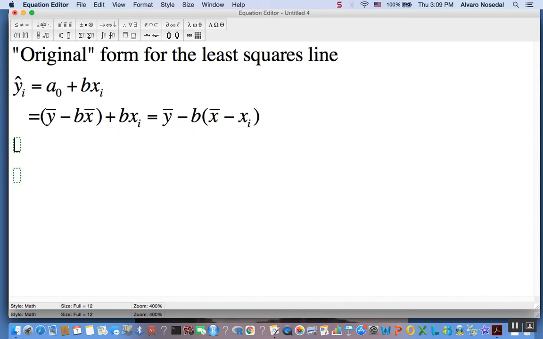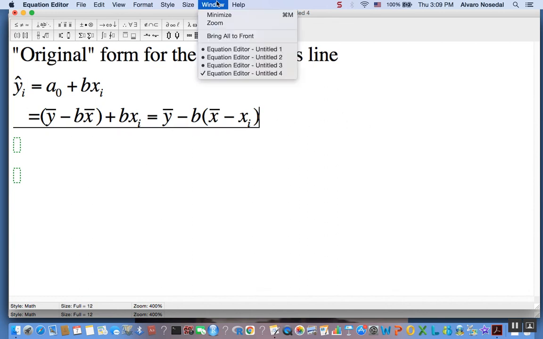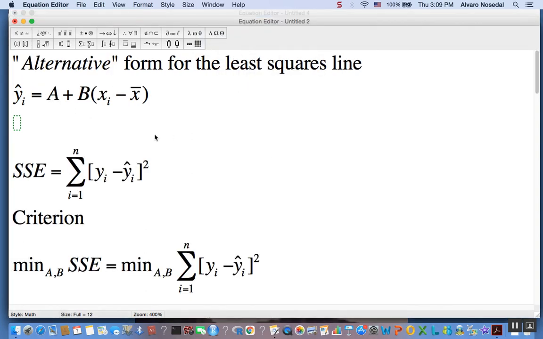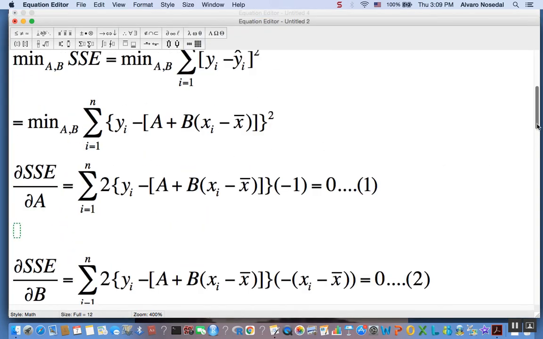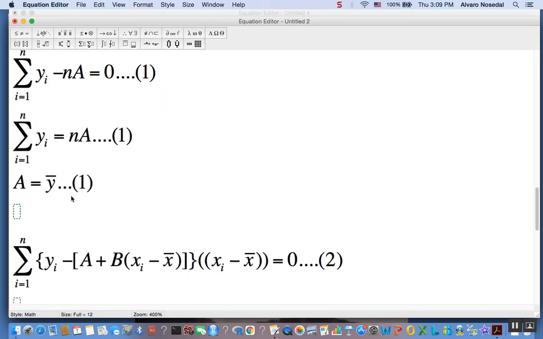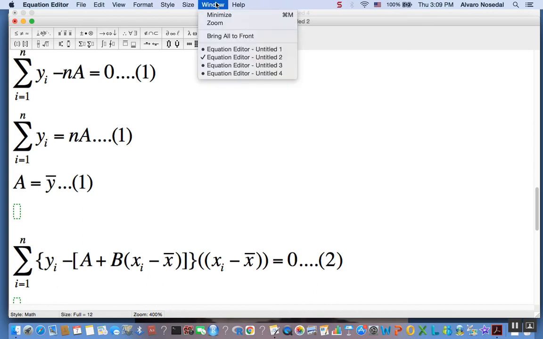But guess what? What we have shown is that, remember that we showed that for the alternative, uppercase A was y bar, and we have shown that lowercase b and b are the same.